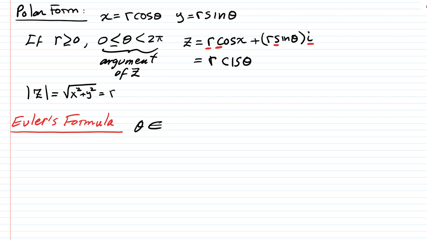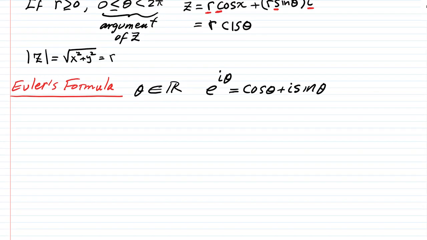If theta is any real number, then e to the i theta can be written as cosine theta plus i sine theta. Okay, so this is what Euler's formula is. The proof of this, by the way, is usually done in second semester calculus, where we prove this using infinite series.